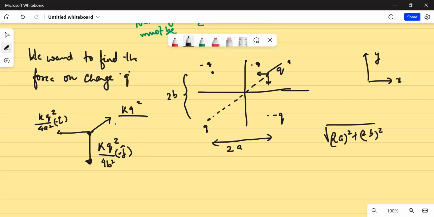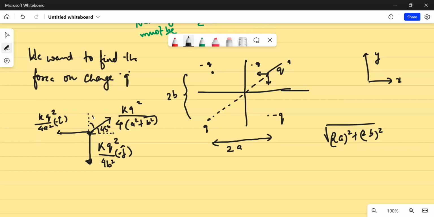So KQ square upon 4 times (A square plus B square) in this direction. So obviously there would be some component in this direction, some component in this direction. Okay, is that clear? And this is 45 degrees.